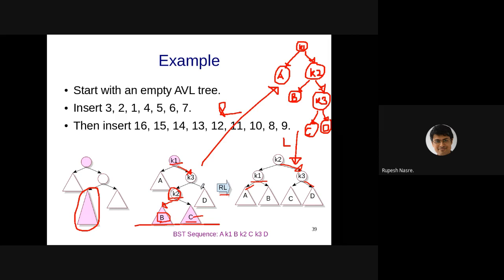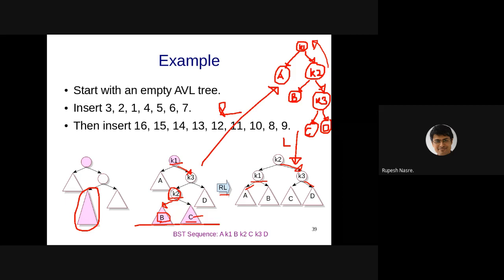But since we are going to rotate K1 and K2 like this, K2 is now going to become the root and K1 is going to become its left child. So K1 and K2's parent-child relationship is going to get flipped. If K2 becomes the root and K1 becomes its left child, where will K2's original left child, which is B, go?